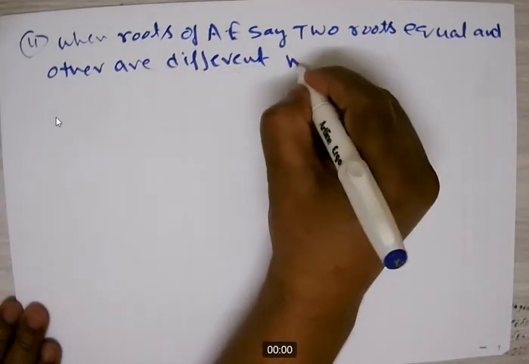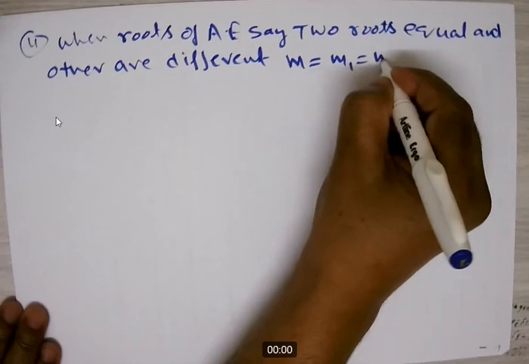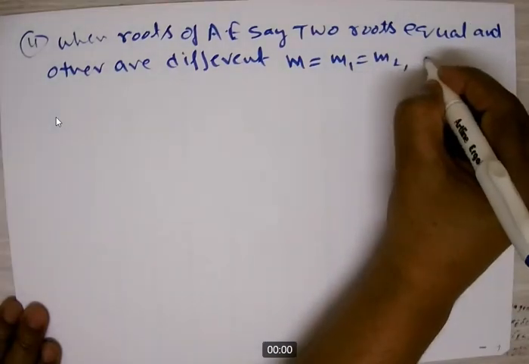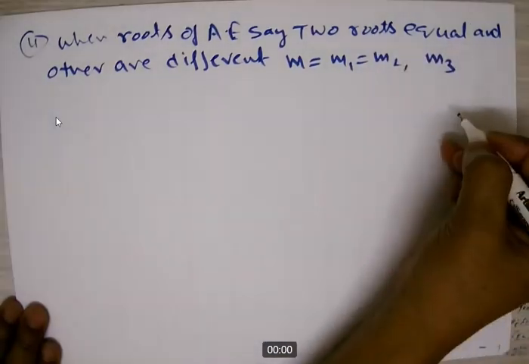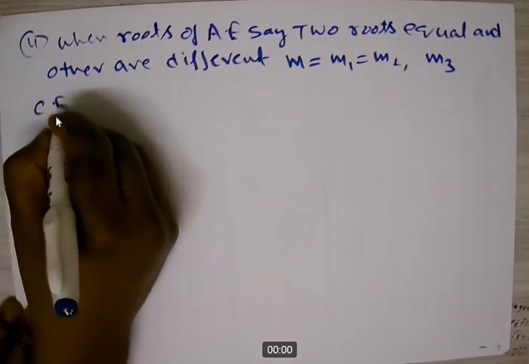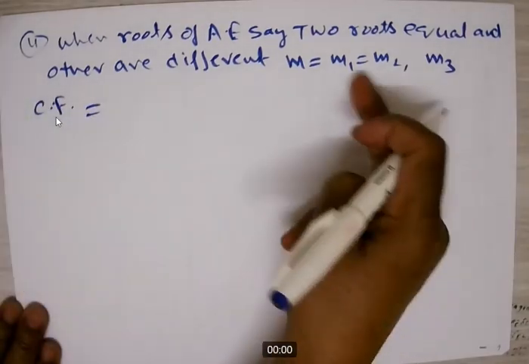What does that mean? Say m equal to m1 equal to m2, 2 roots are equal and another root m3 is different. Then how can we write the complementary function? Nothing, because 2 roots are equal.